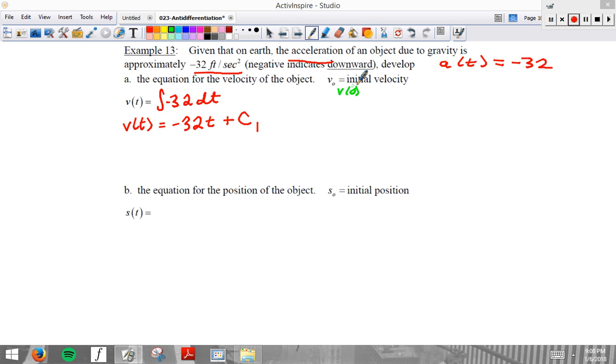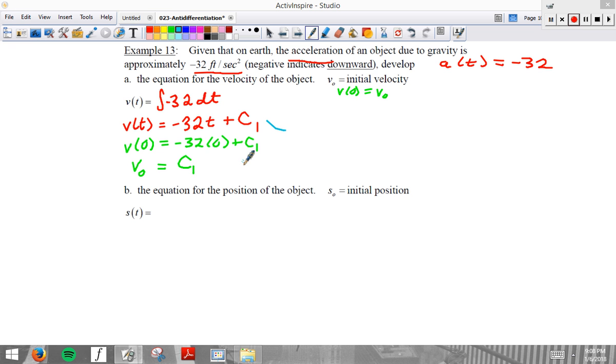I know the initial velocity is v naught. Just that's the symbol we're using. It's just some constant. So v at time 0, replace all the t's with zeros, v of 0 is v naught. So v naught is just c1.